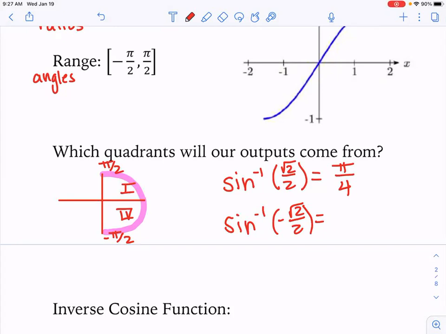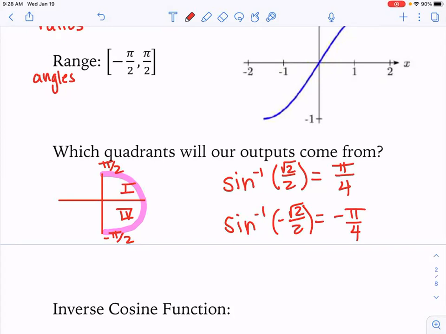So if we're talking about a negative ratio, which quadrant are we talking about? Quadrant 4, okay. But instead of 7 pi over 4, that does not fit in this range right here. It's actually kind of nice. We're just going to rotate in the negative direction to negative pi over 4.